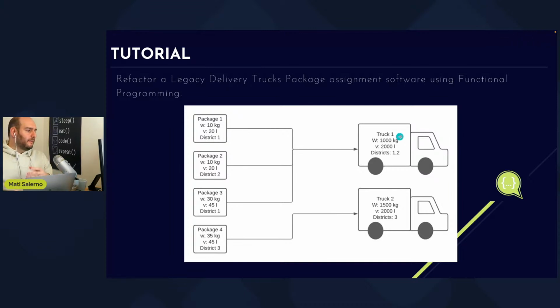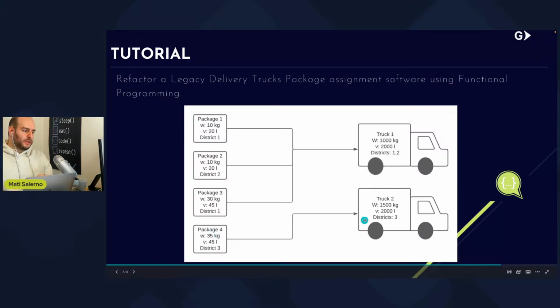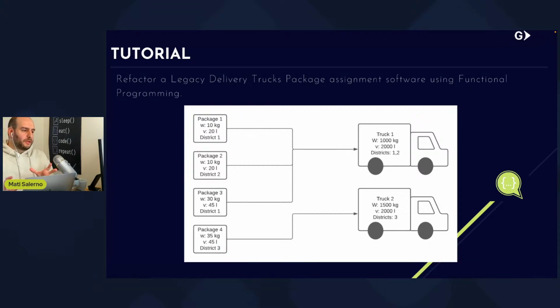Trucks have a max weight, a max volume, and the different districts that they visit. So, for example, package 1 can go to truck 1, and package 2 can go to truck 1, and package 3 can go to truck 1 as well, because they are for the same district and they haven't filled the truck. But then package 4 has to go to truck 2 because it's a different district. So that's how this algorithm works.